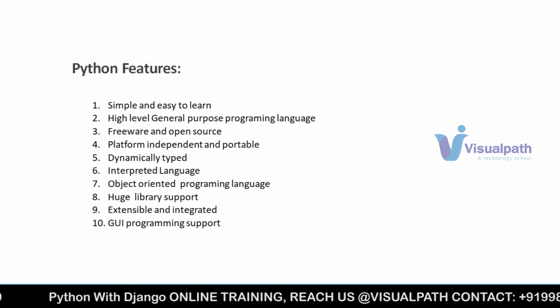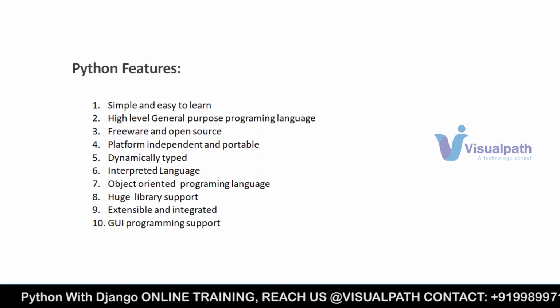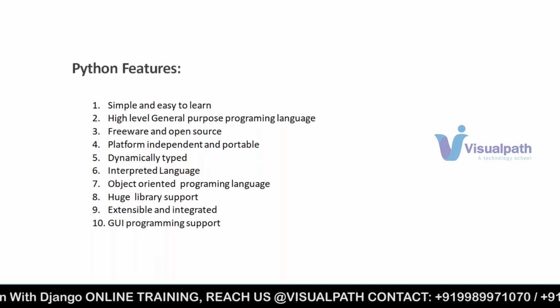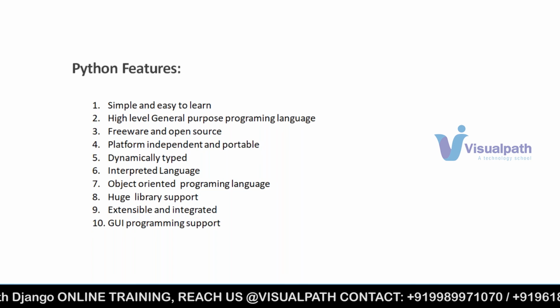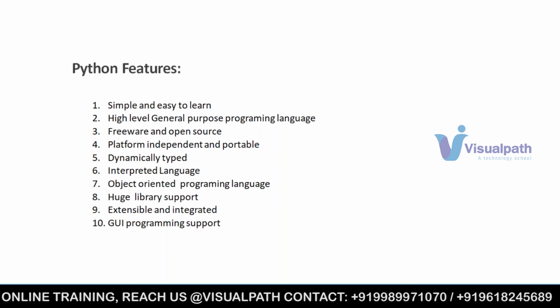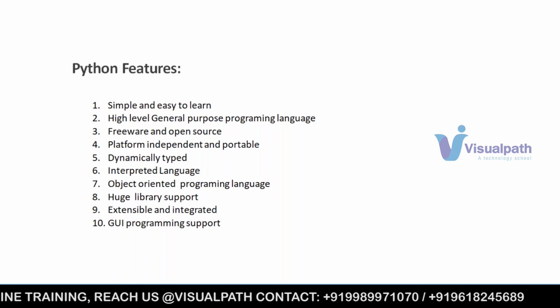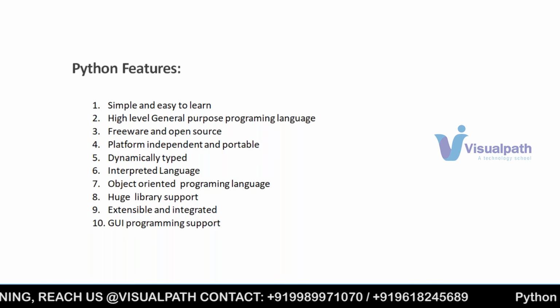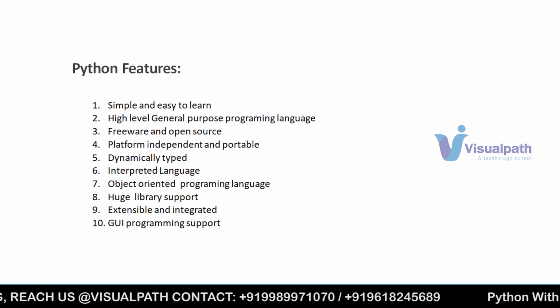Got it? Maybe one more example I can give is the Android operating system, whatever we use on our mobile phones, right? Apart from Apple and all, right? The Android is also open source. As it is open source, different companies, Samsung, will have their own operating system built on Android.